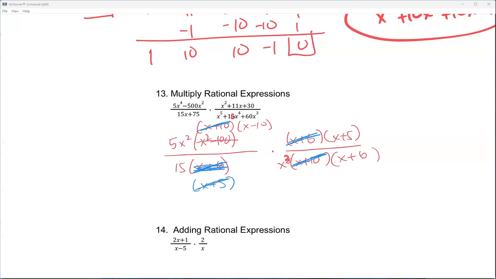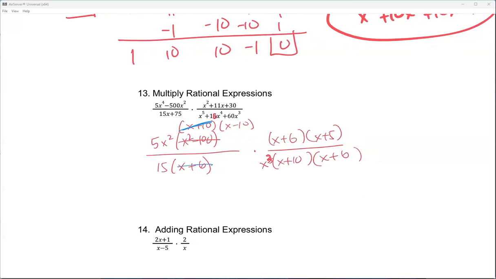So I'm canceling this. So let me backtrack here. This is x plus 5. So now we could cancel this and this out. We could cancel this and this out. These two, this one and this one cancel out.